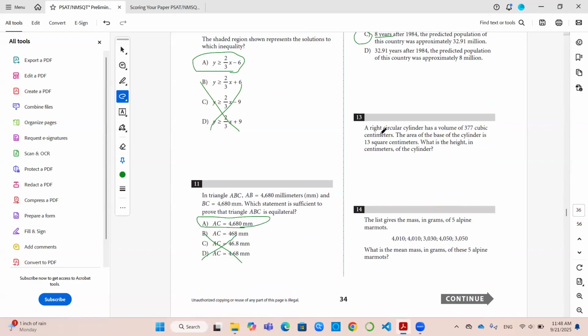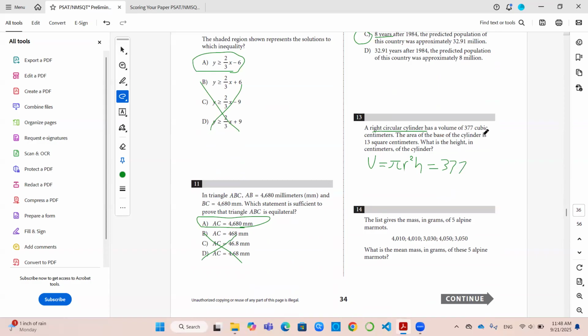A right circular cylinder has a volume of 377 cubic centimeters. The area of the base of the cylinder is 13 square centimeters. What is the height in centimeters of the cylinder? The volume for a right circular cylinder is pi r squared times h, and this has a volume of 377 cubic centimeters.